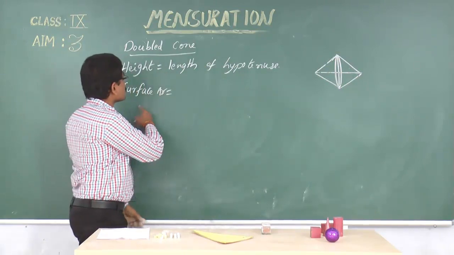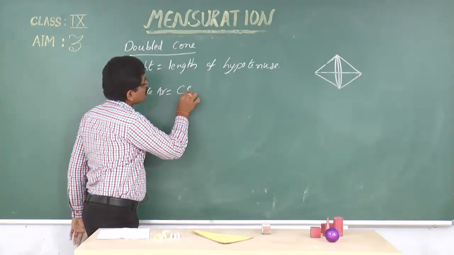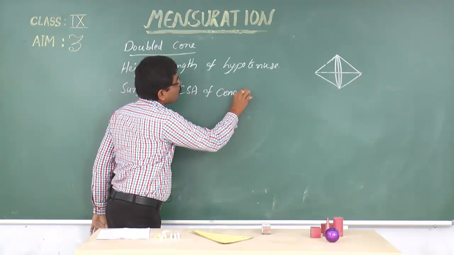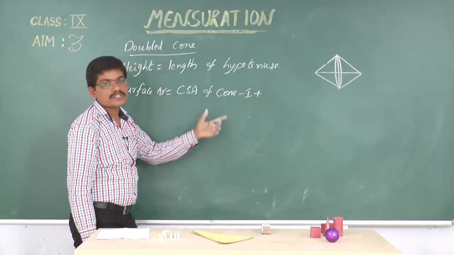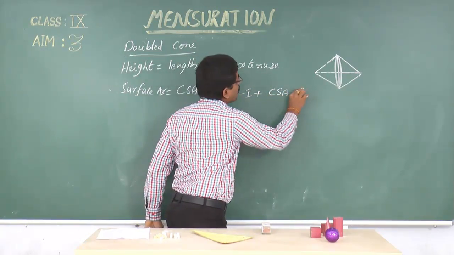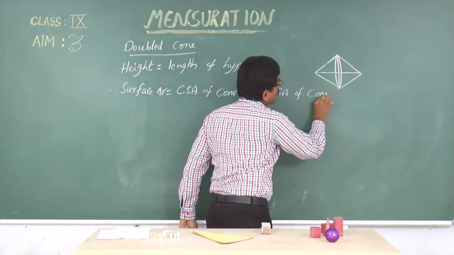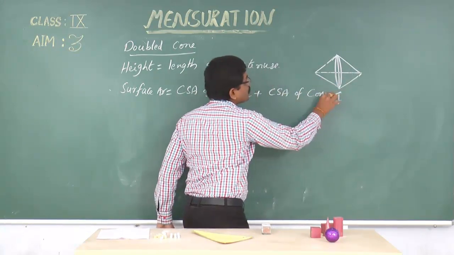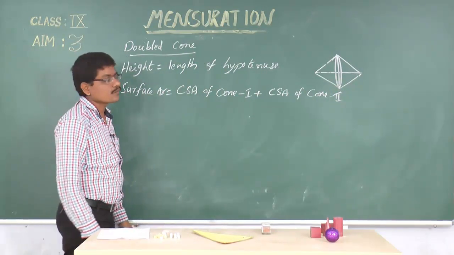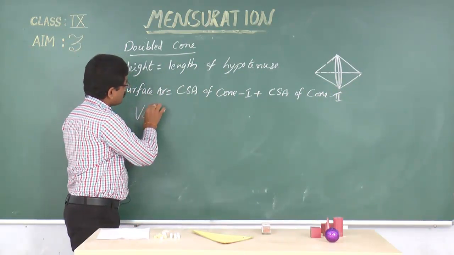So surface area is equal to CSA of cone 1 plus CSA of cone 2. And next, volume.